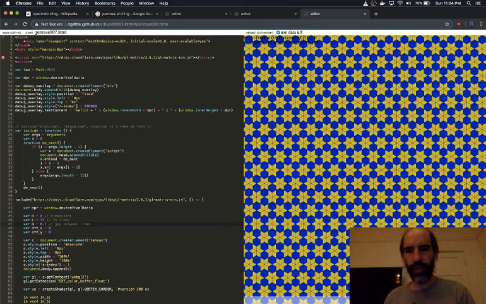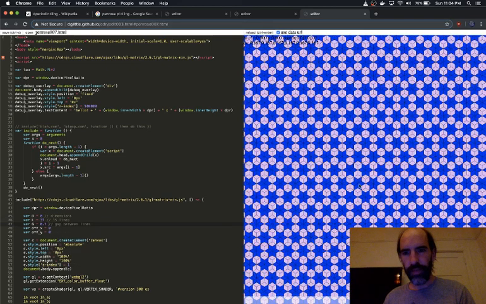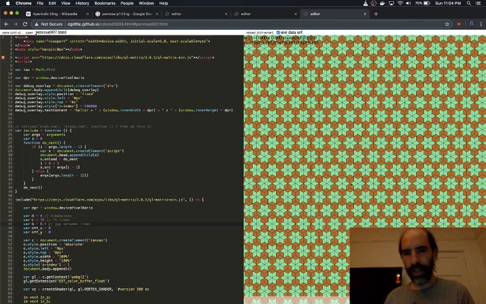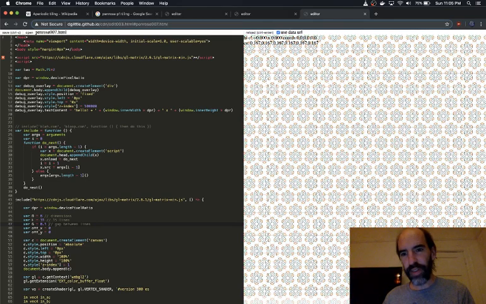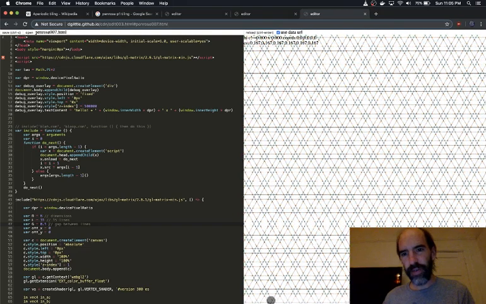Let's zoom in. When I click, it changes the colors. There are no triangles here, interestingly. These are rhombuses. And it makes sense because the pattern demands that there be rhombuses wherever you have the intersection of lines.